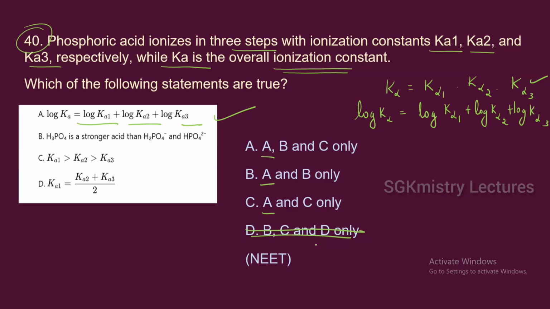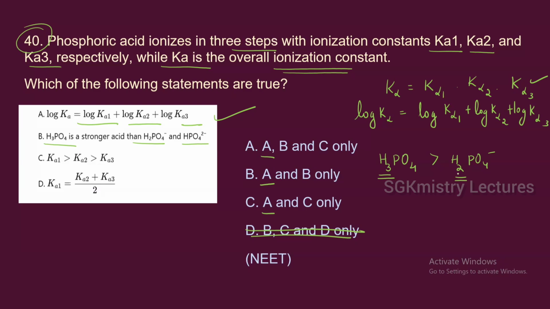Next, coming on to H3PO4 is a stronger acid than H2PO4 minus and HPO4 2 minus. Yes, obviously, when comparing H3PO4 with H2PO4 minus, the removal of the proton is easier than removal of a proton from H2PO4 minus, because it already has a negative charge.